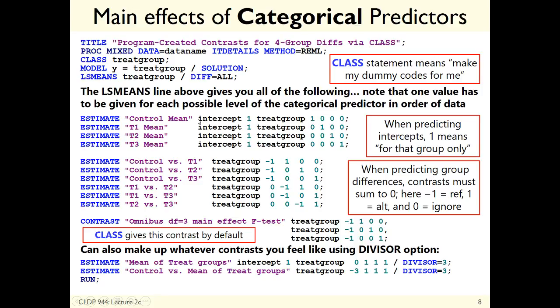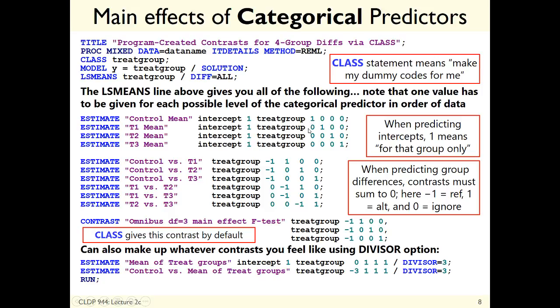So to get the control group mean, it's the intercept, and I have to indicate for which group I want the intercept. There is no default value for treatment group if you don't write it. You have to always indicate for which group you want something.